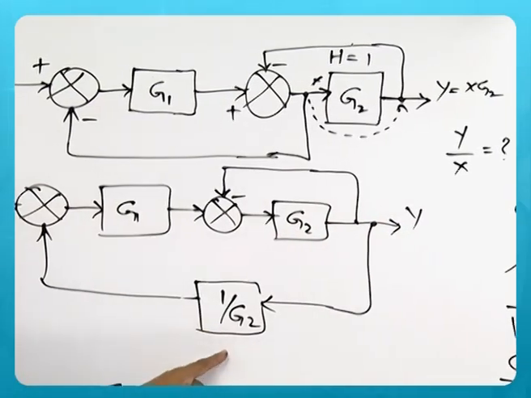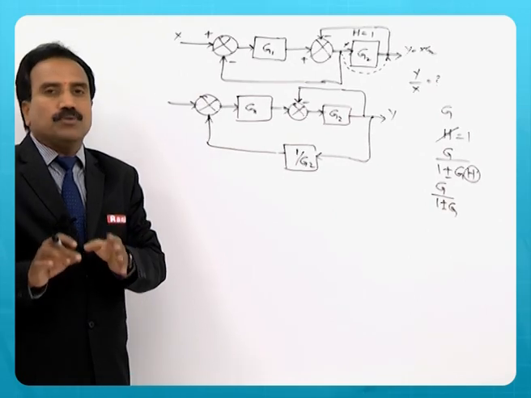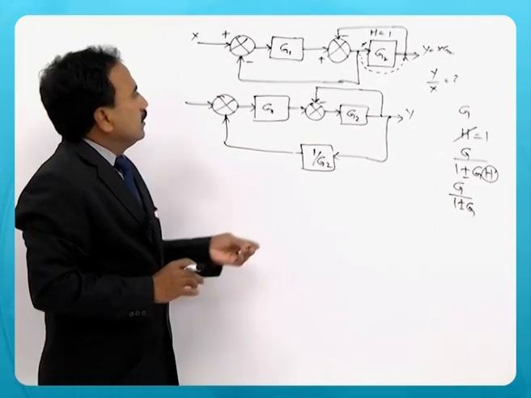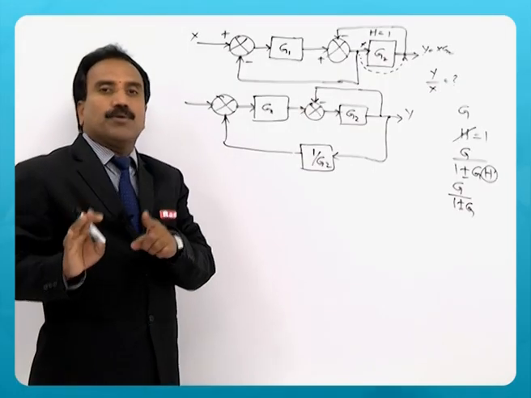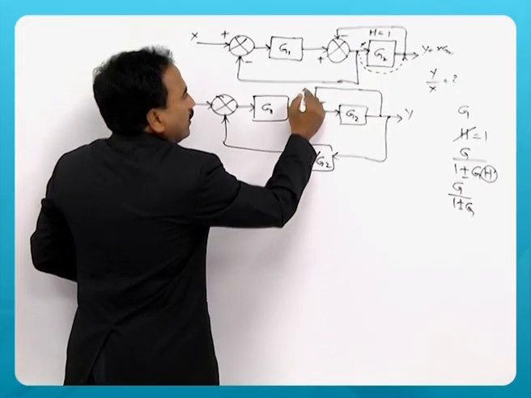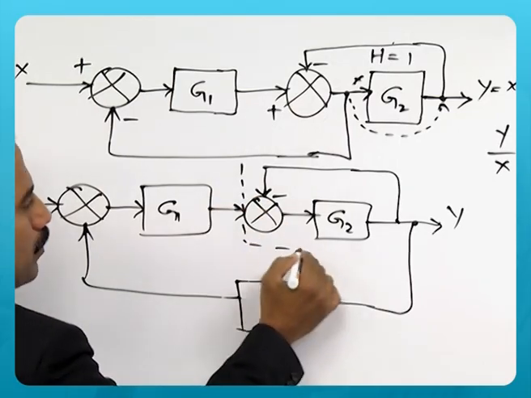That's why I am using 1 by G2 so that the output remains the same. So in the process of simplification, an additional block is generated, but no problem. Still, I will be happy that you can see now this portion.